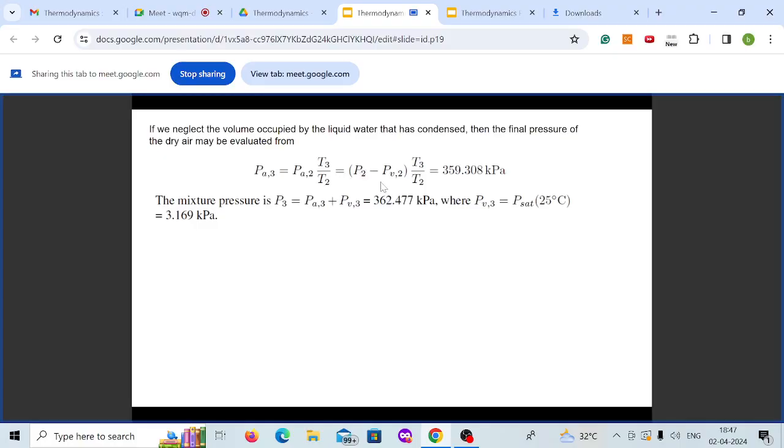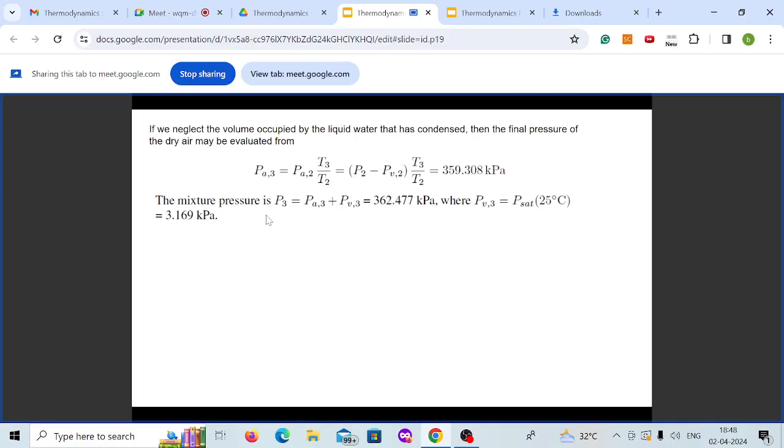P_a2 is nothing but P2 minus the vapor pressure of water. We know P_v2, which is 11.07, and we know P2, which is 5 atmosphere. T3 is known, 25 degrees Celsius, and T2 is 411 Kelvin. Substituting all the values, we get the dry air pressure at state 3 as 359.308 kilopascal.